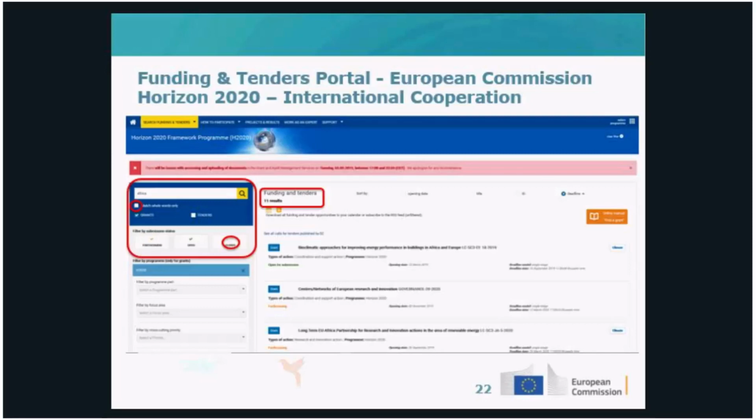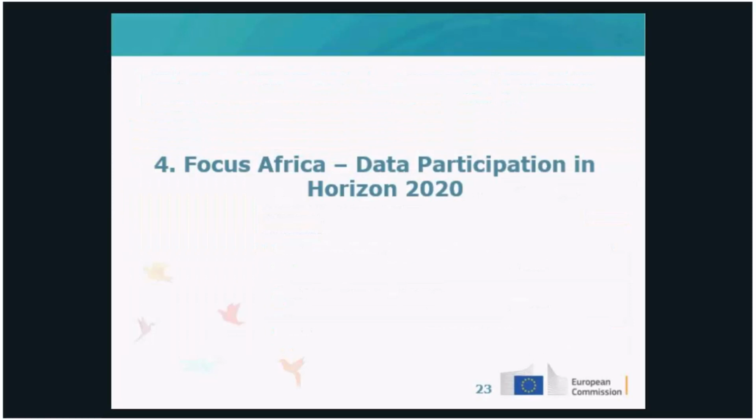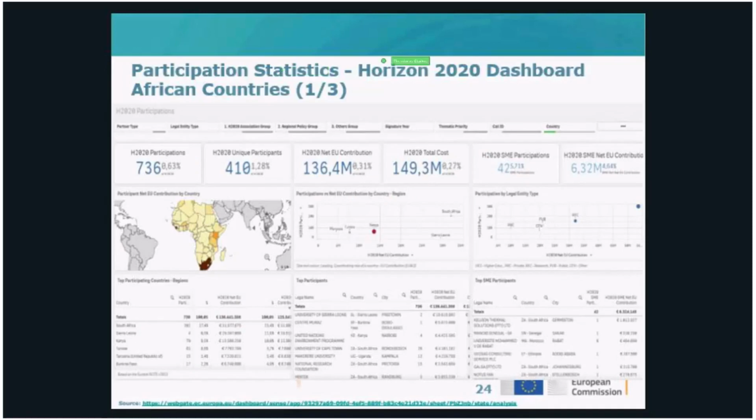Quite interesting is to see a relatively new service that the European Commission has developed. This is to visualize the participation of all participants in the world. So I will give you a demonstration now of what kind of information you can find for Africa by using the so-called dashboard in Horizon 2020.